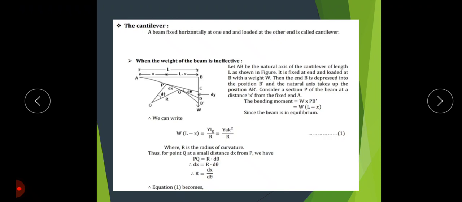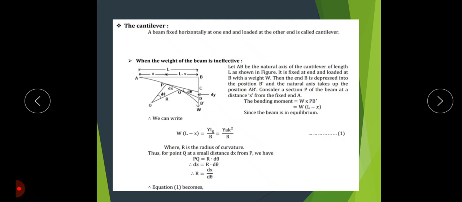The overall length is L, and A to P is x, so the distance from P to B dash is L minus x. The bending moment is the product of the weight W and the distance between these two sections, L minus x.